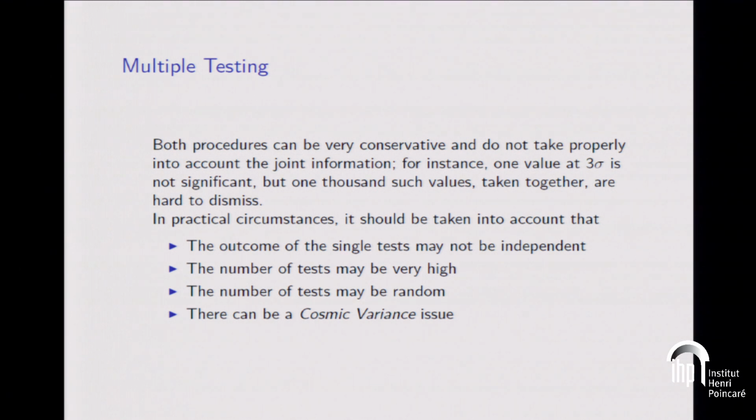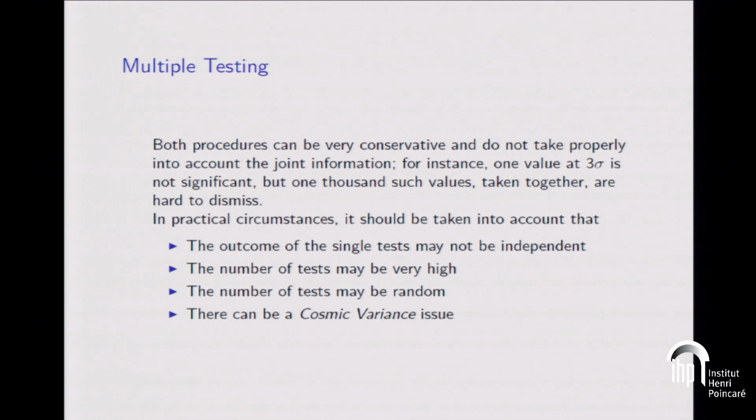The first thing you want to do in CMB is look at the maxima of the map and see if they are compatible with Gaussianity or if they can be point sources. But the single maxima are not independent one from the other, which makes a big difference. Then the other point is that the number of tests itself is random. You do not know in advance how many tests you are running, because you do not know how many peaks you will find in the map.